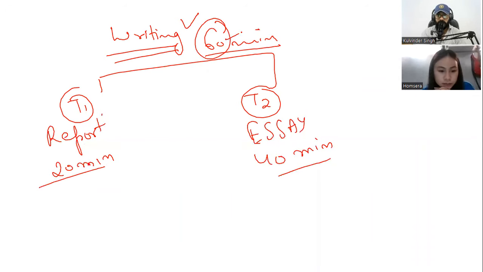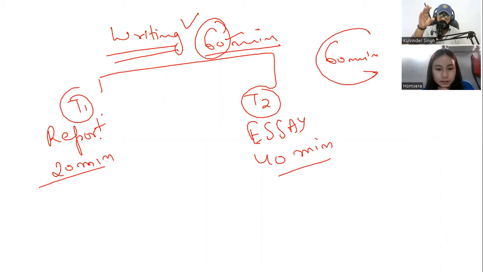There's going to be a 60 minutes countdown timer. It's not that you will get a 20 minutes timer and a 40 minutes timer. There'll be a whole 60 minutes timer. It will count back to 20 minutes and 40 minutes.